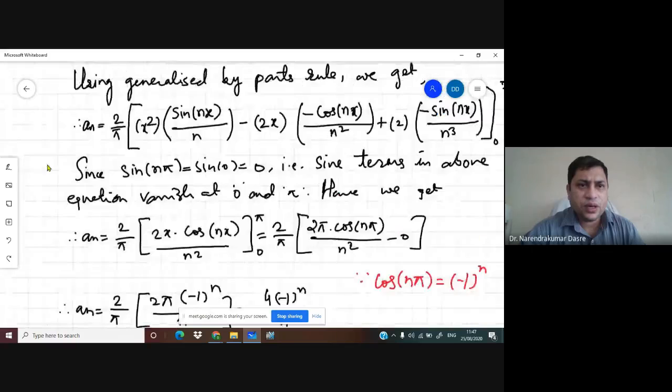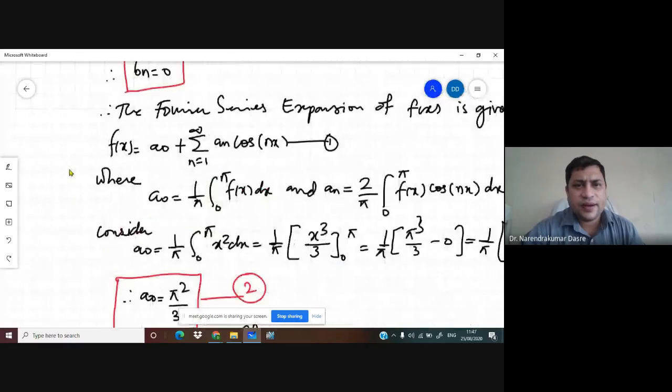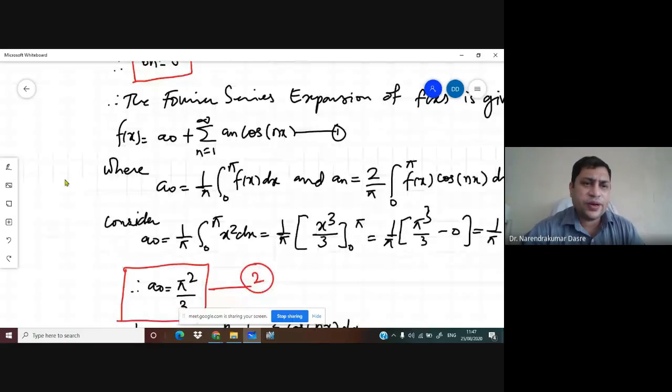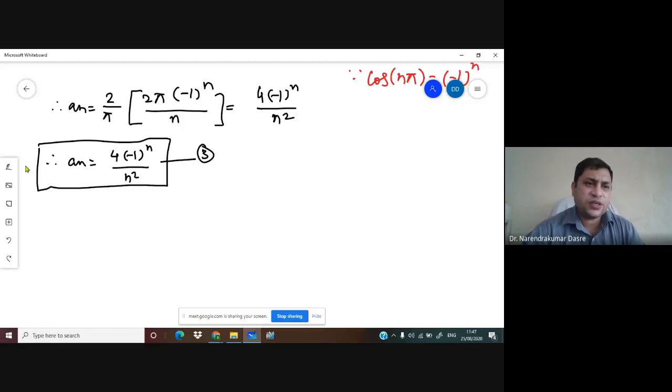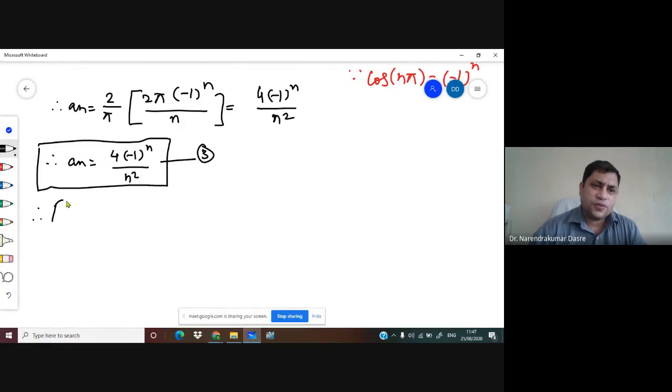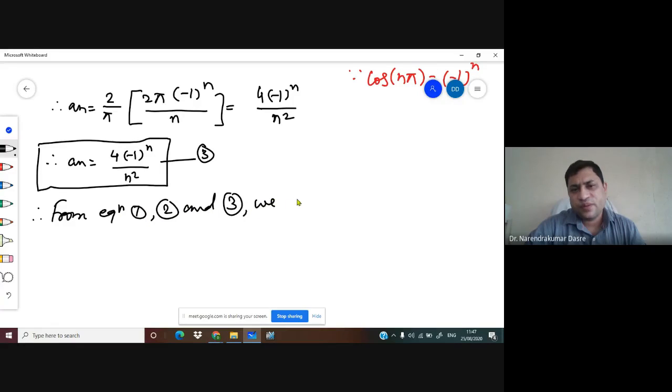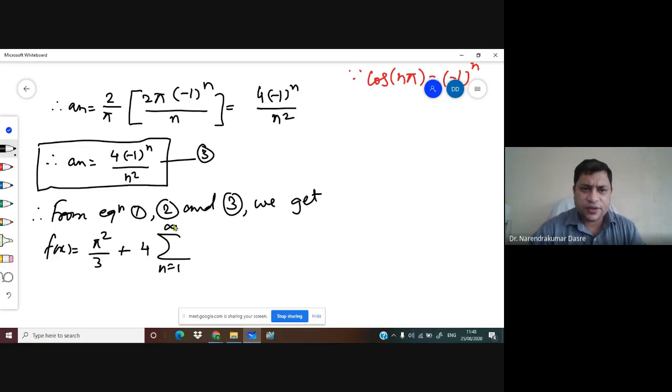Now you can see we have calculated a0, we have calculated an, and so we are able to write the Fourier series for the given function. And hence from equations 1, 2, and 3 we get f of x is equal to pi square by 3 plus 4 summation n running from 1 to infinity minus 1 raised to n upon n square cos of nx.